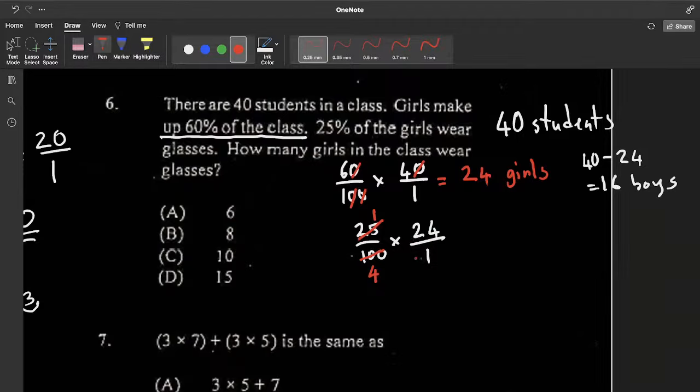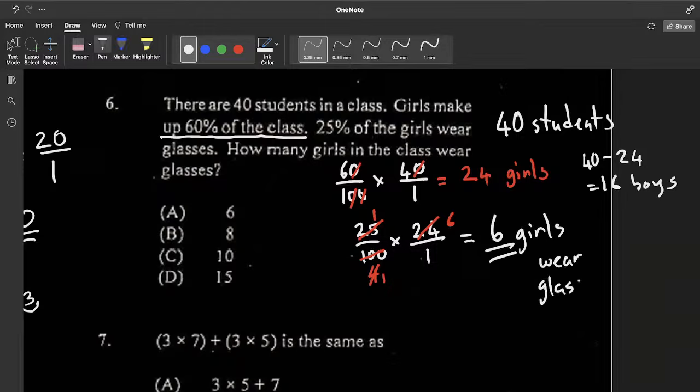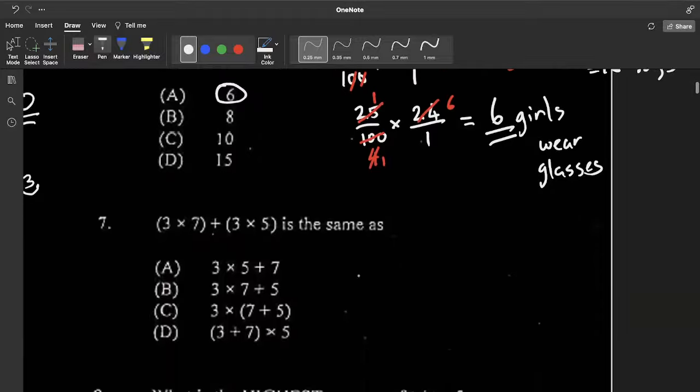So basically 4 could go into itself once, and 4 can also go into 24 6 times. Therefore, our answer for this would be 6. So we are saying that 6 girls wear glasses. All right, simple stuff here.